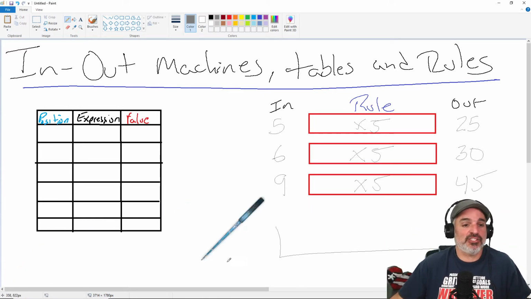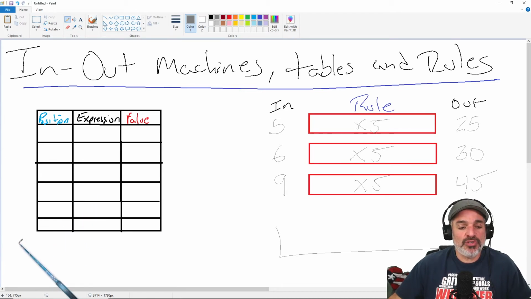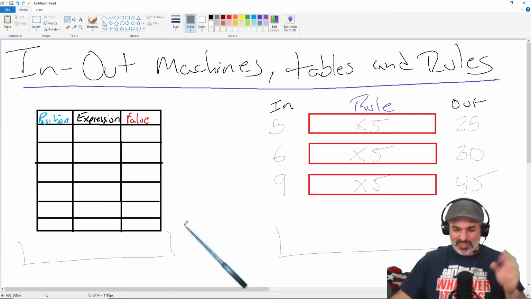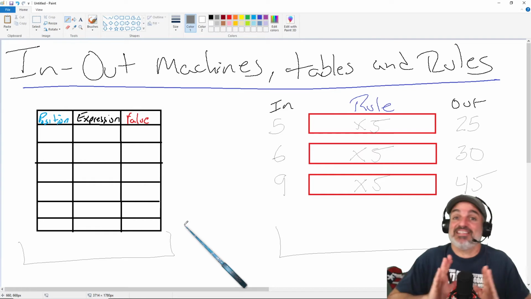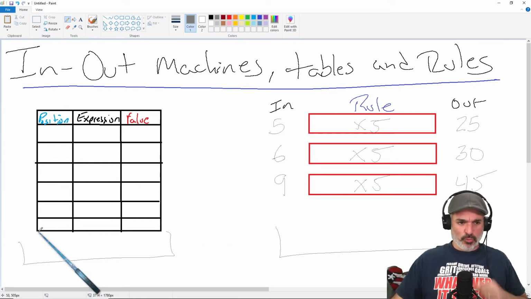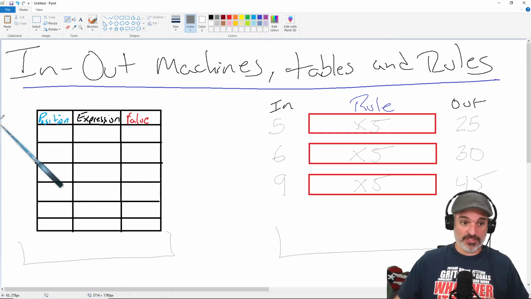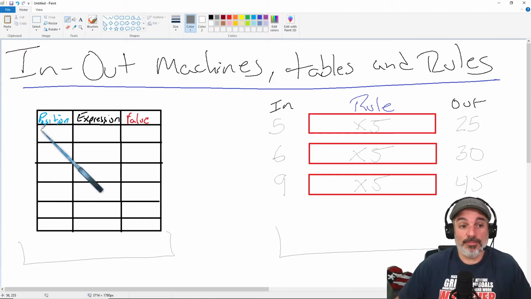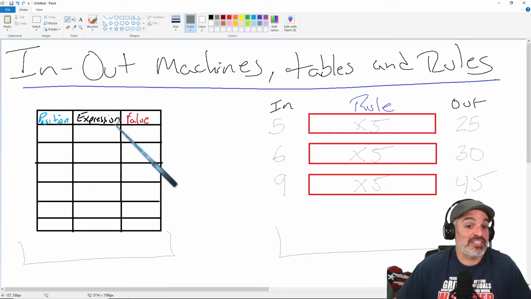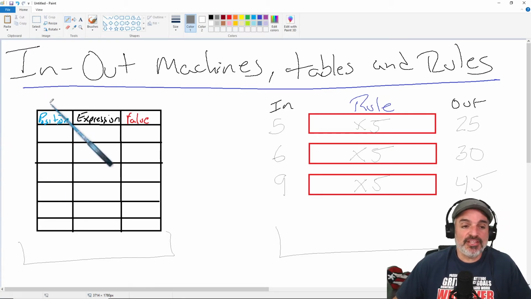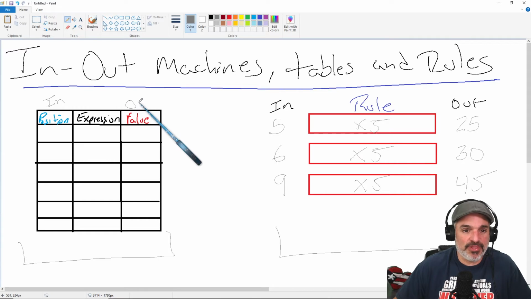Now you can also be shown a table like this. These are a little bit more complex, but it's the same thing, okay? Where they give you 3 columns. The first one is called position, the second one expression, and the third one value. Well, the position is nothing more than the in, and the value is nothing more than the out.